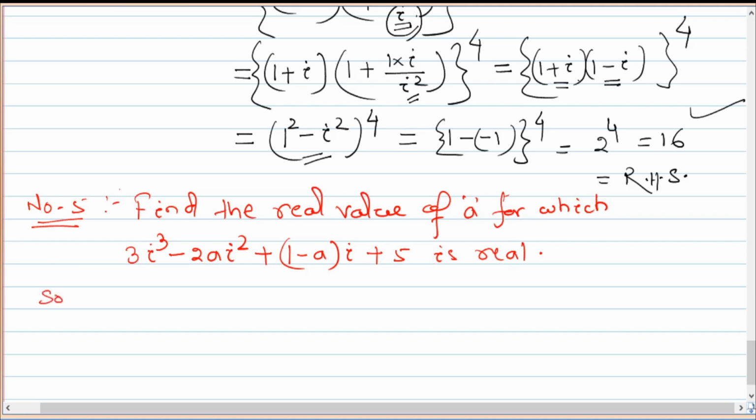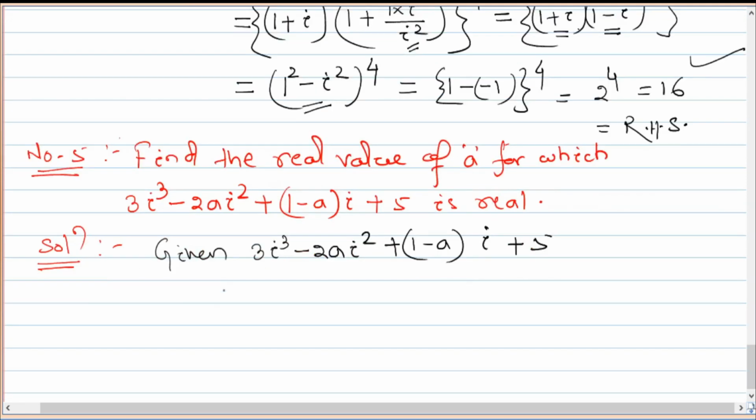Now we'll take the solution. First of all, you have to write the given condition: 3i cubed minus 2a i squared plus (1 minus a) into i plus 5. Now we'll simplify this. i cubed we have already found, that is minus i, and i squared is minus 1. Multiplying (1 minus a) by i gives i minus ai.